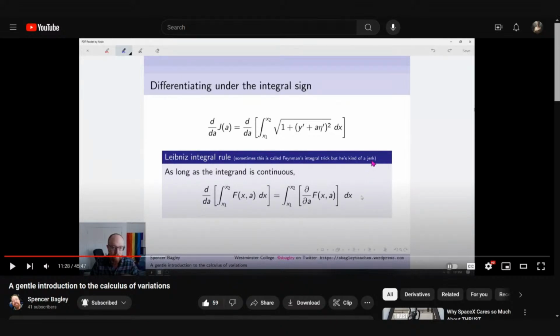Feynman is a jerk? Who's a jerk? The trick is a jerk? As long as the integrand is continuous, the derivative of any one of these is equal to the integral of the derivative. So the derivative and the integral are commutative operators.